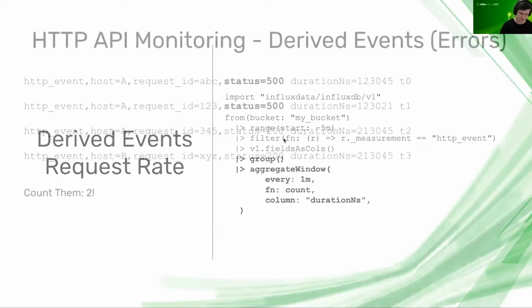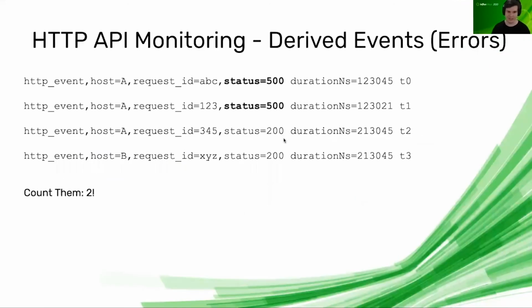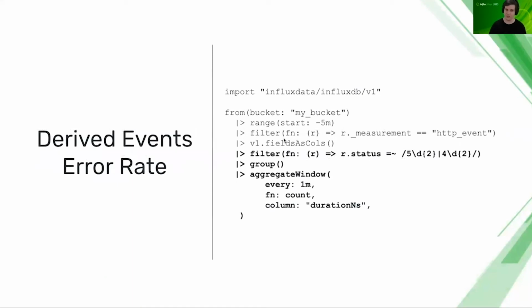Cool. What about when we want to now count the errors, right? So this one is just as simple. We just need to identify events that have an error status, and then we'll count those. And so when we do that, the only thing that changes about our previous query is we just have this filter up top that checks for statuses that are in the 400 or 500 class so that we can denote that it was an error.